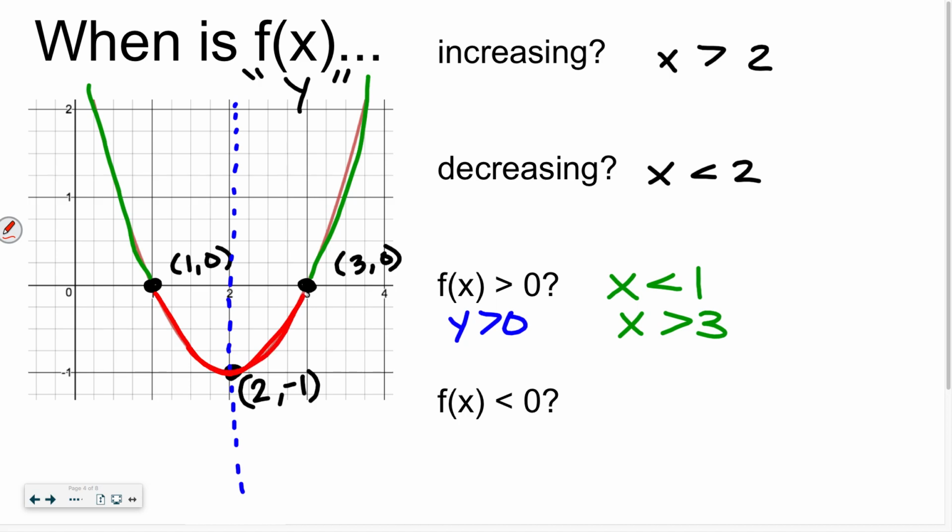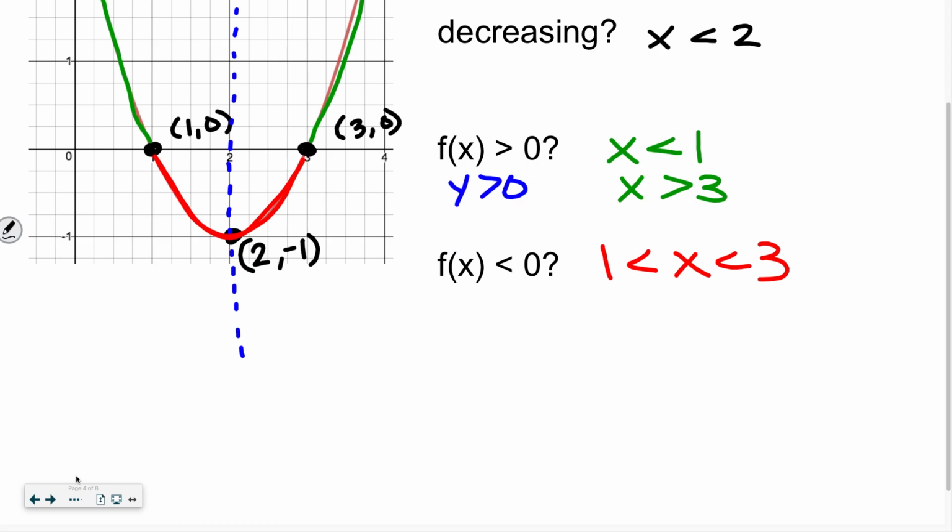Still bounded by the intercepts, but now we're in between them. So from 1 to 3, and we write that as 1 is less than x is less than 3. It's sandwiched. That's called a compound inequality. It has to be greater than 1, but it also has to be less than 3 at the same time. It's in that range.